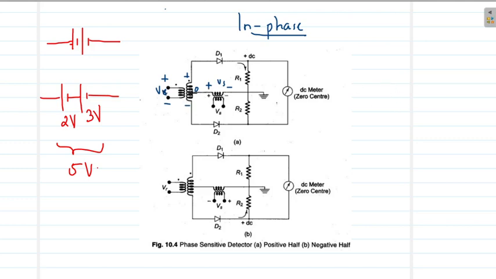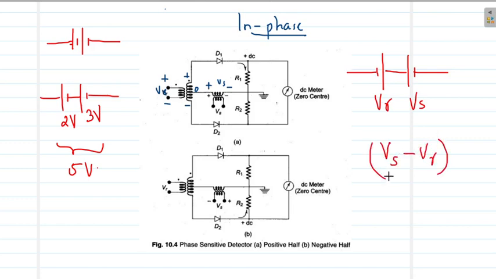You can see the positive of this Vr voltage is connected to the positive of the Vs cell. The situation is like this. This is the Vr and this is Vs. So the effective voltage is the difference between them, Vs minus Vr or Vr minus Vs, whichever is greater. So this is minus Vr, negative is here and the negative is here.